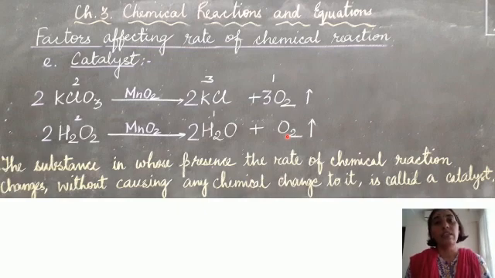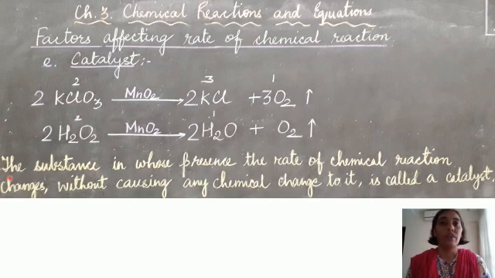So a catalyst is a substance which does not interfere in the chemical reaction. You do not get any undesired products. It does not involve any chemical change. It will not change your products, but it will only increase the rate of reaction and you will be able to achieve your products in a small time.